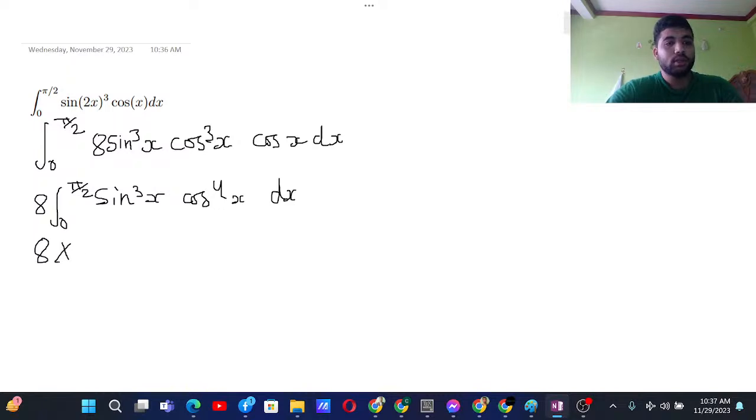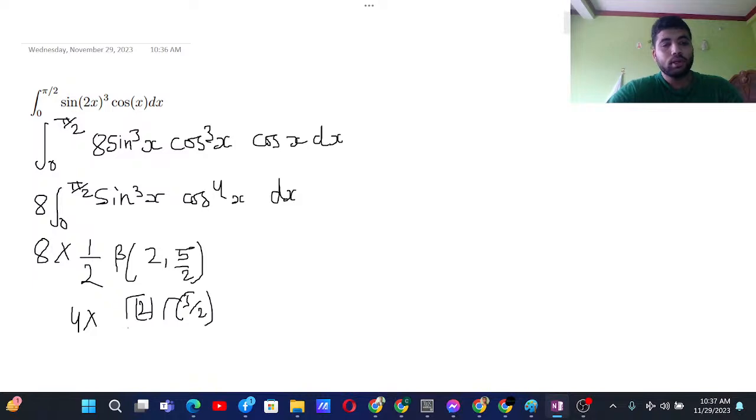So this is 1 by 2 beta of (3 plus 1) by 2, that's 2, and (4 plus 1) by 2, that's 5 by 2. Now this is 4 into gamma 2 gamma of 5 by 2 by gamma of 9 by 2, since their sum is 9 by 2. Now we know that gamma of n is (n minus 1) times gamma of (n minus 1).